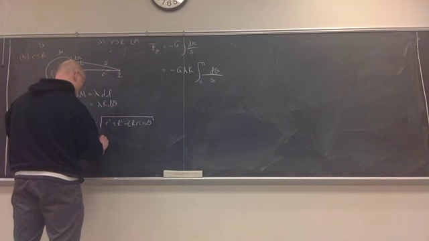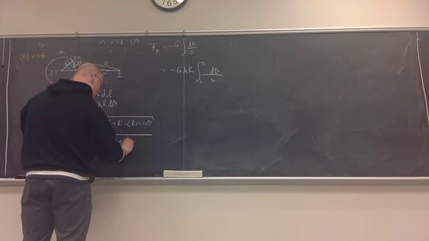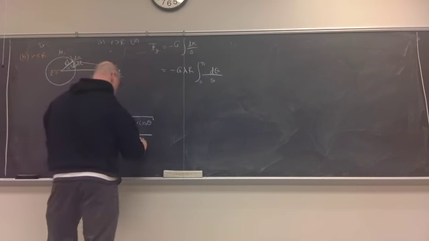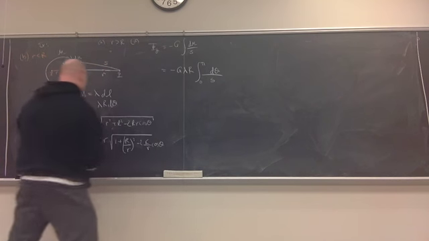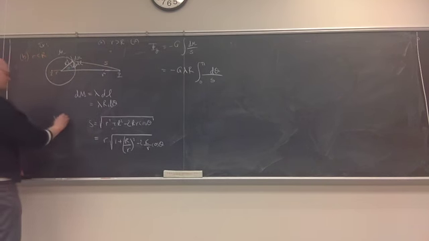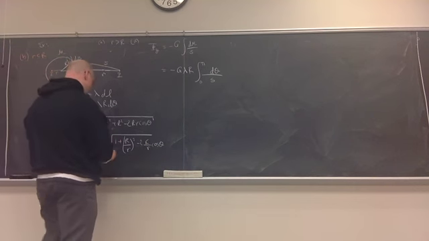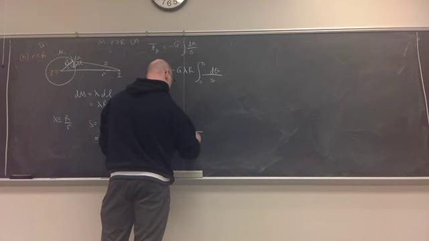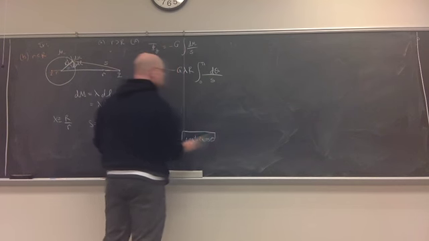So I'm going to rewrite this as R times the square root of 1 plus r divided by R, quantity squared, minus 2 times r divided by R times cosine of theta. Let's define x equal to little r divided by capital R. So I'm going to rewrite this finally as R times the square root of 1 plus x squared minus 2x cosine of theta. Let's plug that in here.